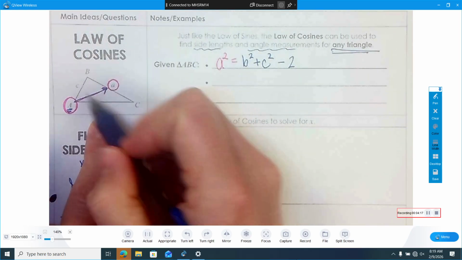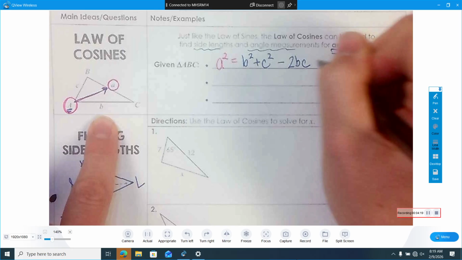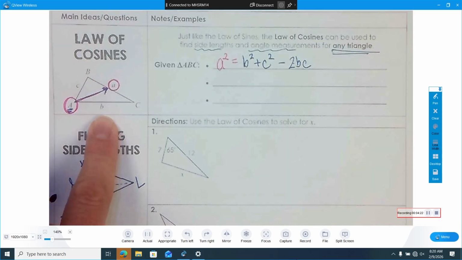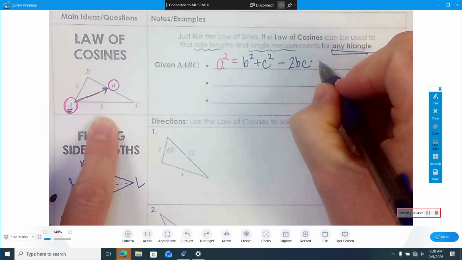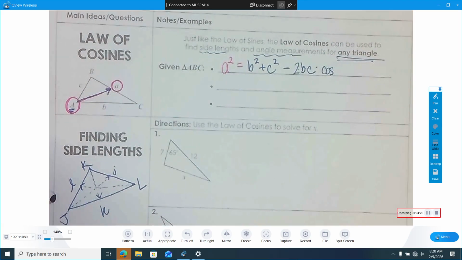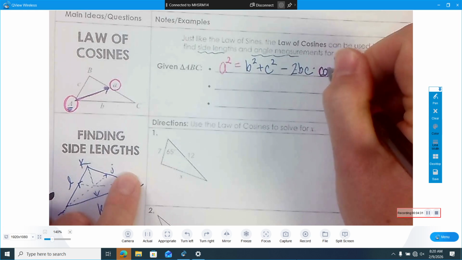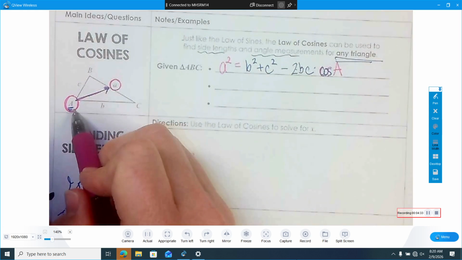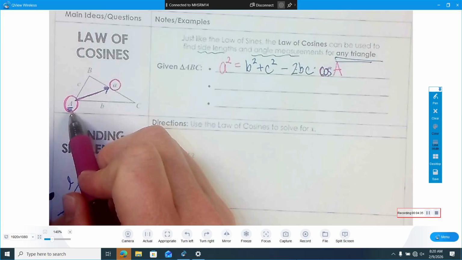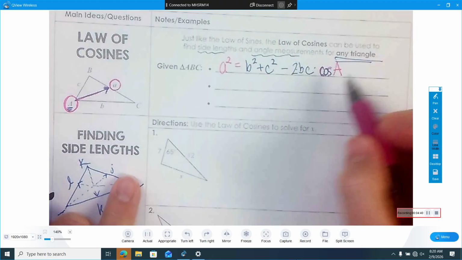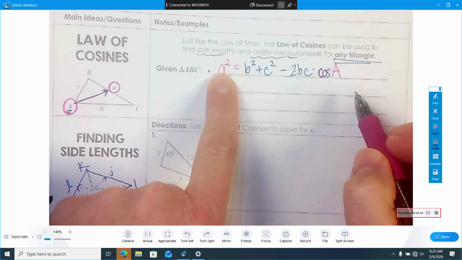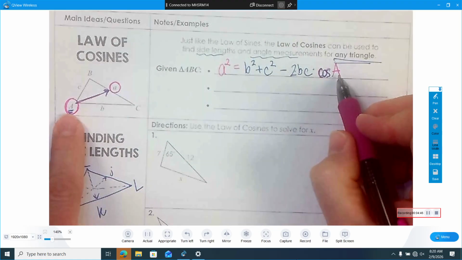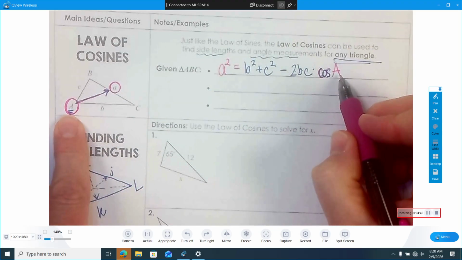So the product of those 2 sides, so B times C, twice the product, times the cosine of, I'm going to actually write that in pink, the cosine of the included angle. So it's the cosine of angle A. So you can see that it starts with your side squared, and it ends with the cosine of that angle that is opposite.